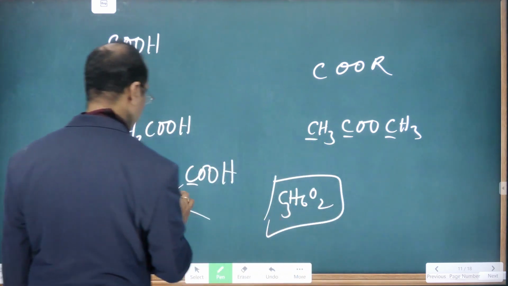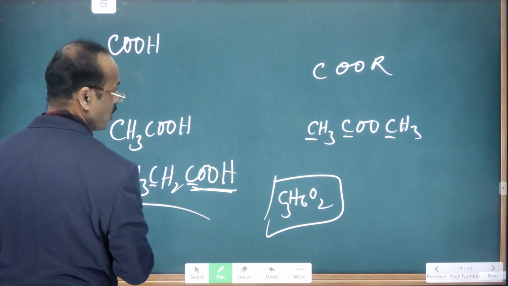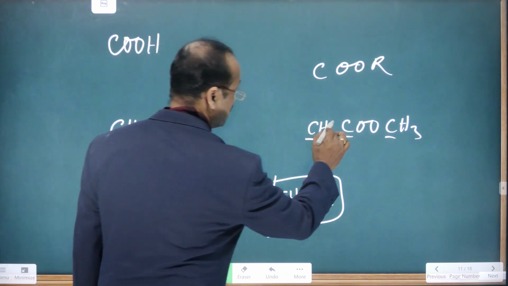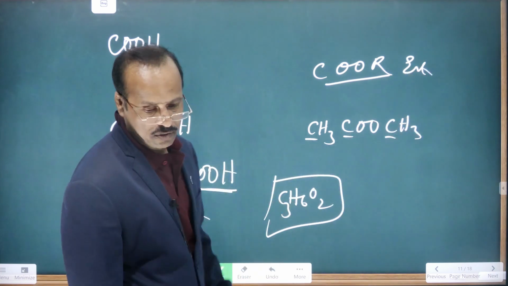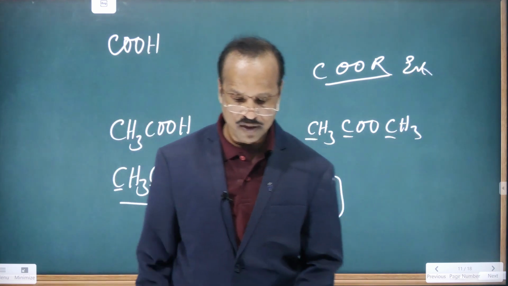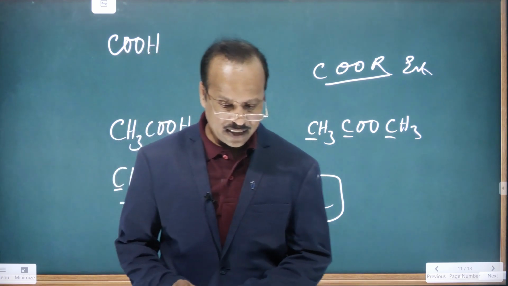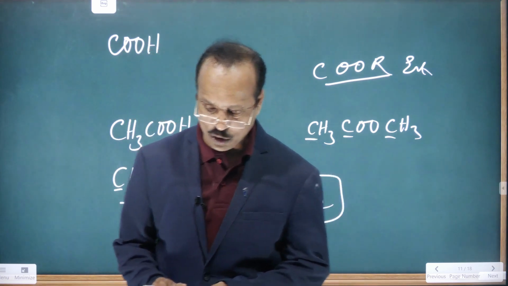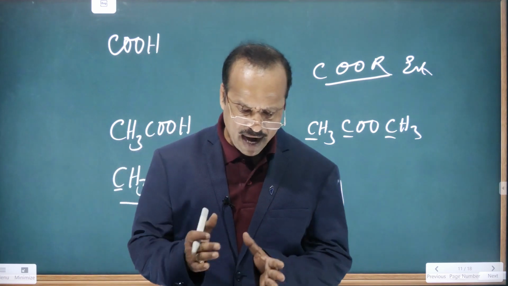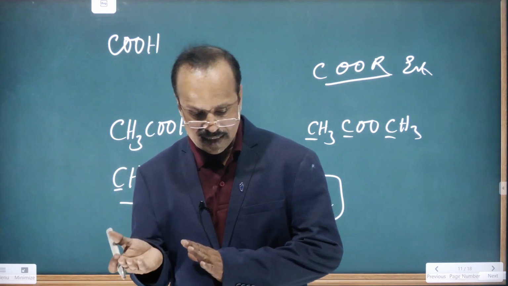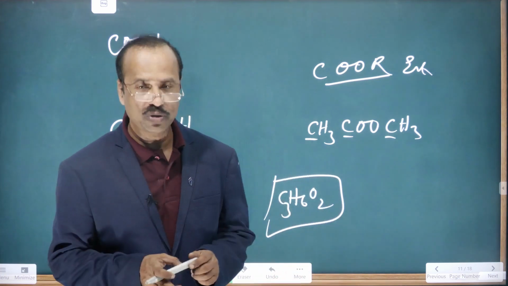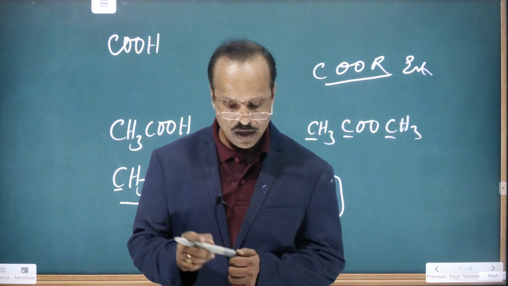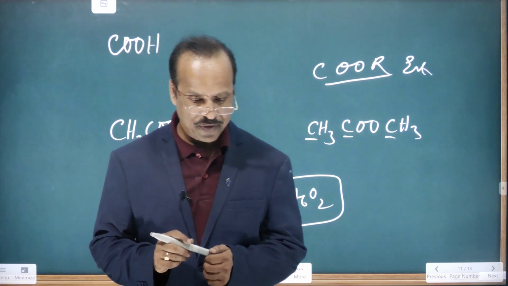So this is the acid. COOH is called carboxylic acid. COOR is what? Ester. This was already discussed. So acid shows the functional isomerism with the esters. Next, nitroalkanes and alkyl nitrates. They do show the difference in functional isomerism. So the first one is the right answer.